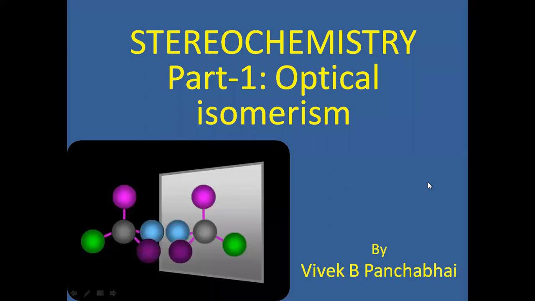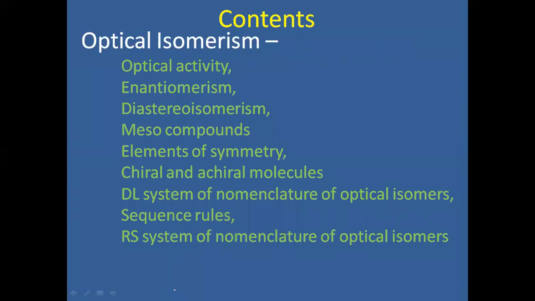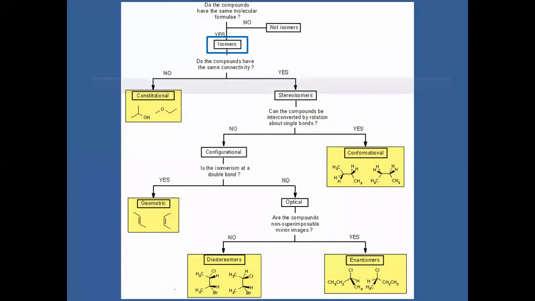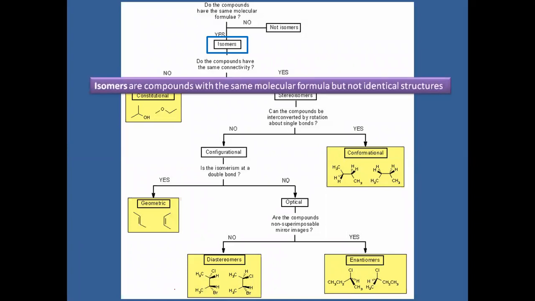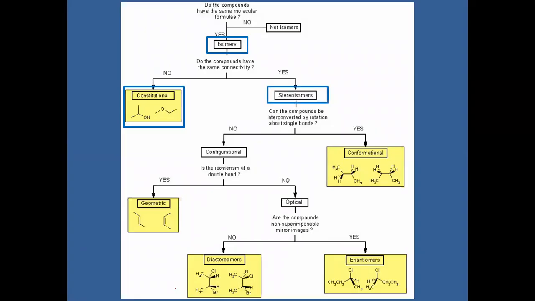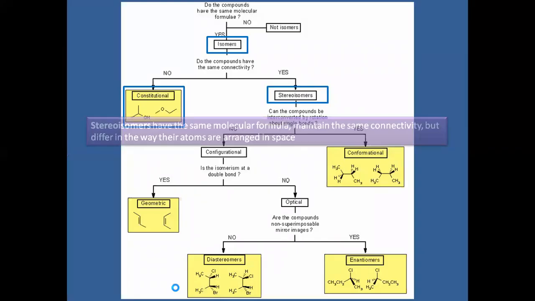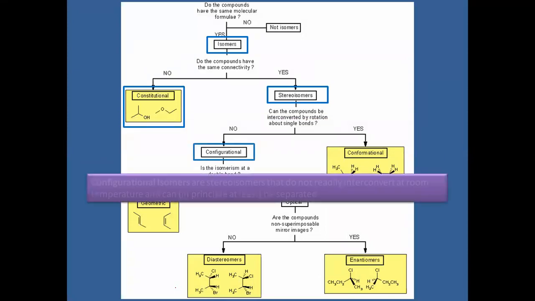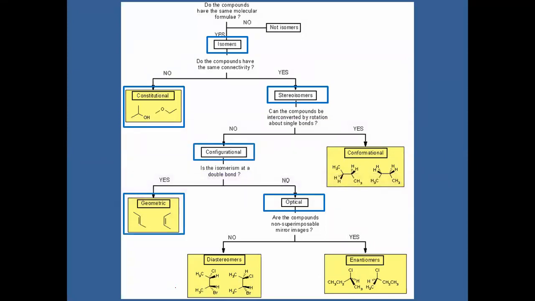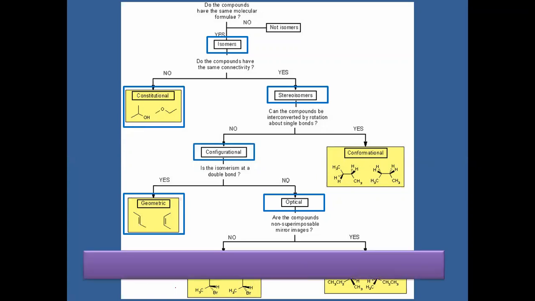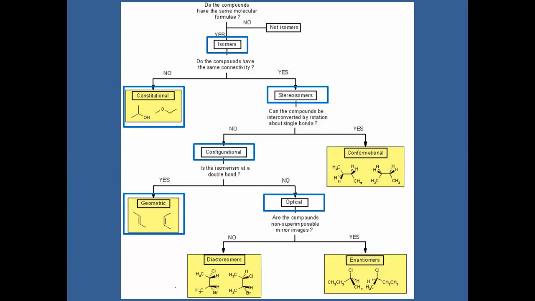In the last lectures, we discussed optical activity, enantiomers, diastereomers, and some definitions related to constitutional isomerism, stereoisomerism, configurational isomerism, and conformational isomerism. Part of configurational isomerism is geometric isomerism and optical isomerism.